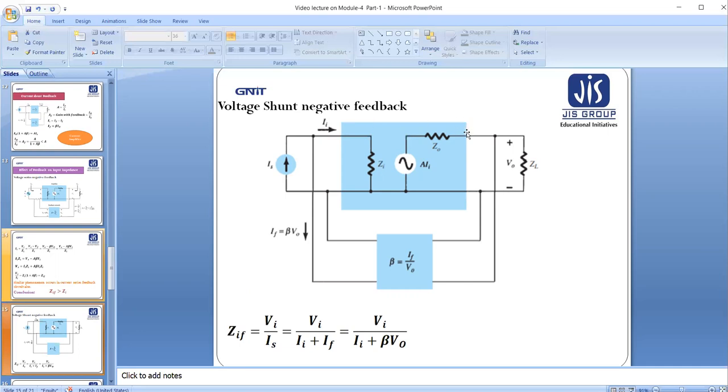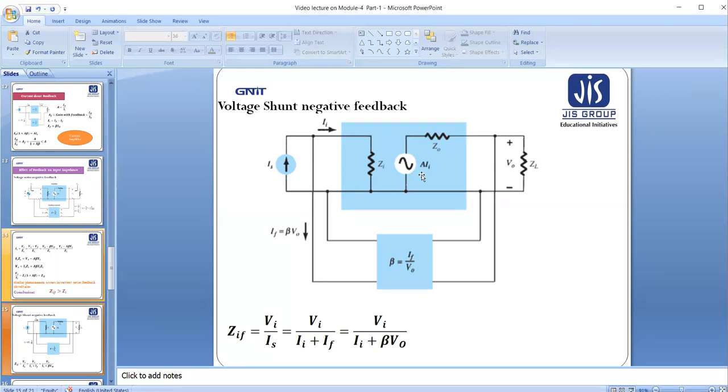Now, if we see the amplifier equivalent circuit, we will see that it is an I to V converter. It is a voltage source with the series output resistance, but the voltage is represented as A into Ii. Previously it was represented as A into Vi, because at that time it was series.